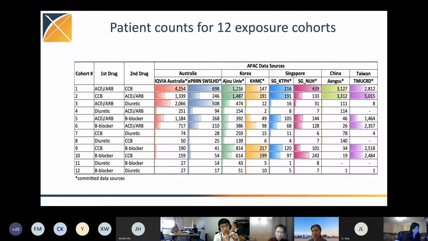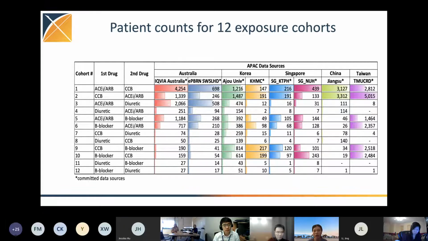The first impression from looking at this is that there is a large variation in drug utilization across countries and across different cohorts. For example, in Australia, the most common drug combination is ACE inhibitors and ARBs plus calcium channel blocker, and the second is calcium channel blocker and ACE inhibitors and ARBs. Cohorts 1 and 2 are pretty consistent, the most common drug combinations used across all the countries and databases.